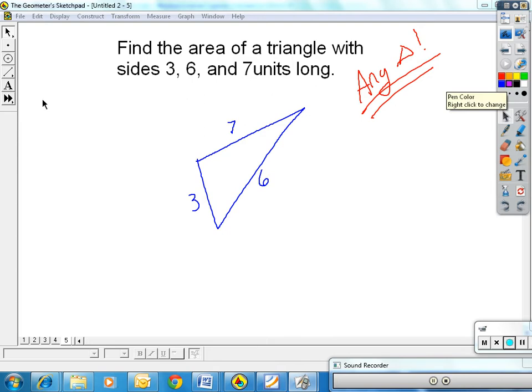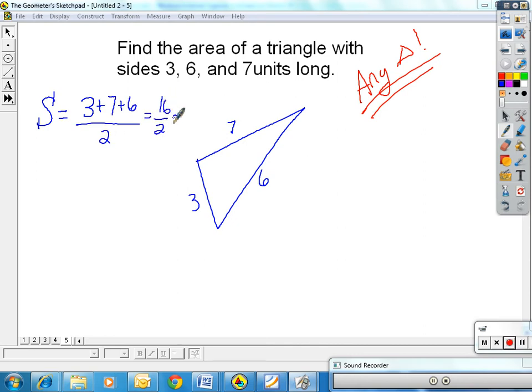This time we'll find our semi-perimeter first. My semi-perimeter is equal to the perimeter, 3 plus 7 plus 6, all divided by 2. That's 16 over 2, which is 8. Okay, so my semi-perimeter is 8.